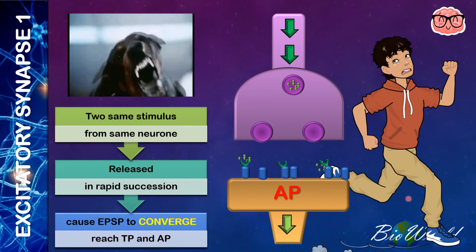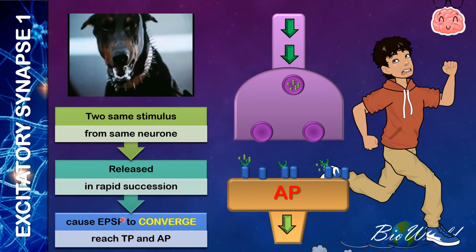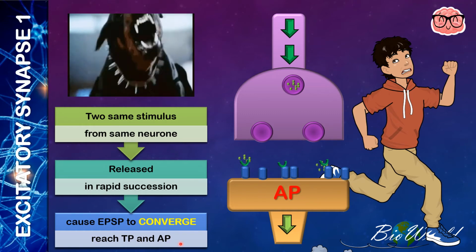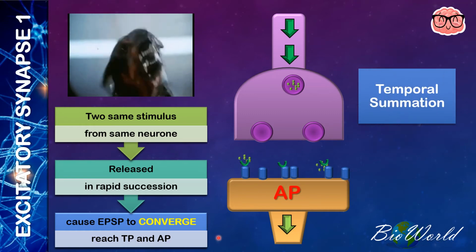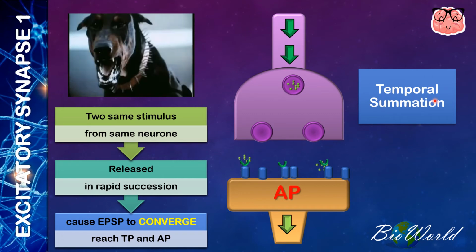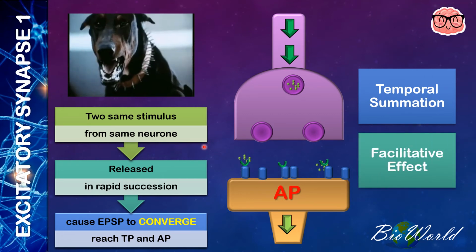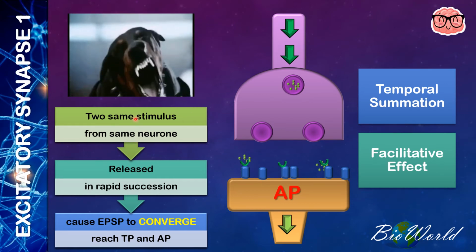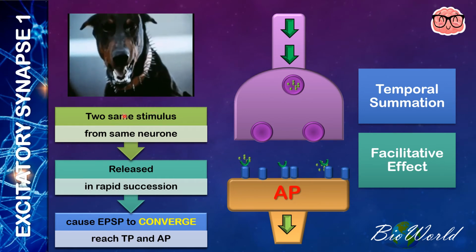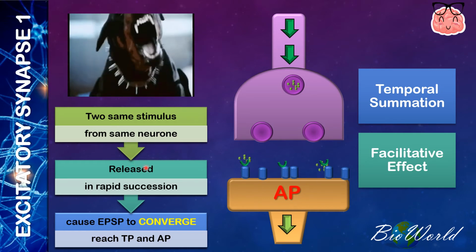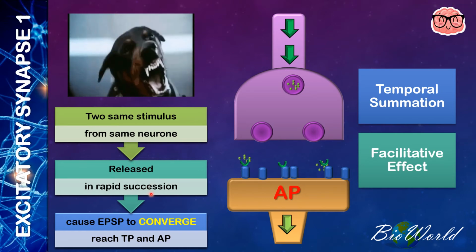So this method of the EPSP becoming TP and then AP is also known as temporal summation or facilitative effect. Okay, remember this is due to the same stimulus being released in rapid succession.